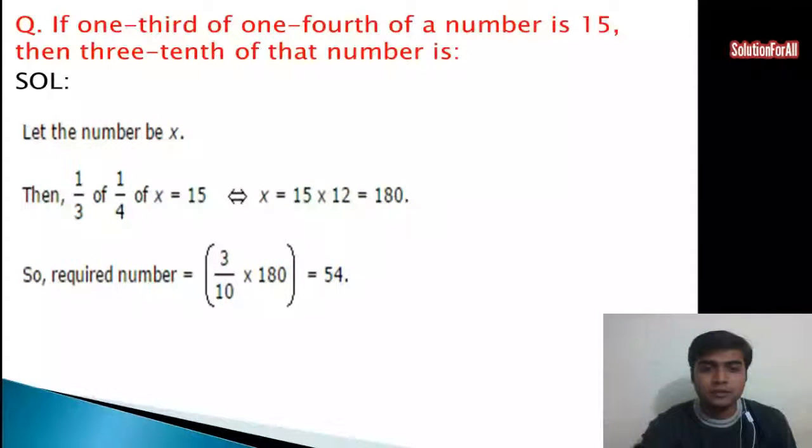That means one third into 1 by 4 into x, and that is equal to 15. So first of all, we'll find out the actual number which is being talked about here. So here's the equation: 1 by 3 of 1 by 4 of x is equal to 15. So we can easily find out the value of x, that is equal to 180.